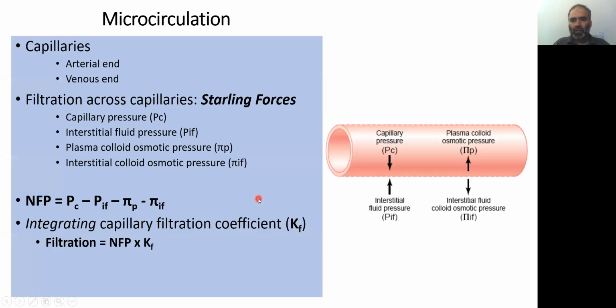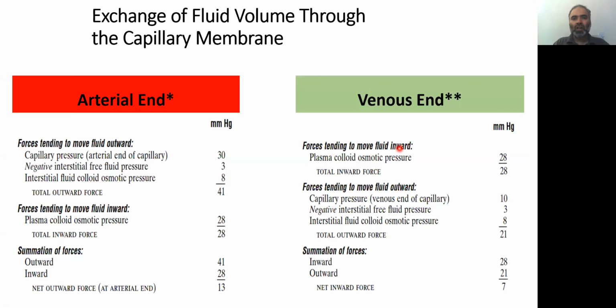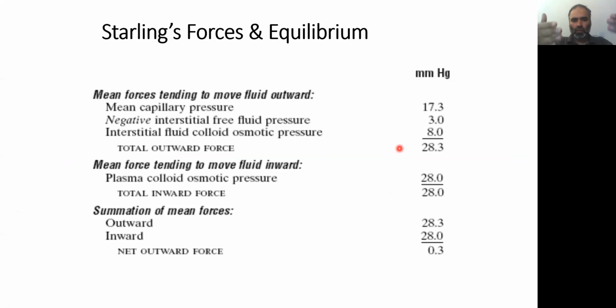It just takes this entire capillary system as a single tube. Of course, at the arterial side you have more pressure and the venous side has less pressure. But what Starling's description does is it averages both sides under one heading.